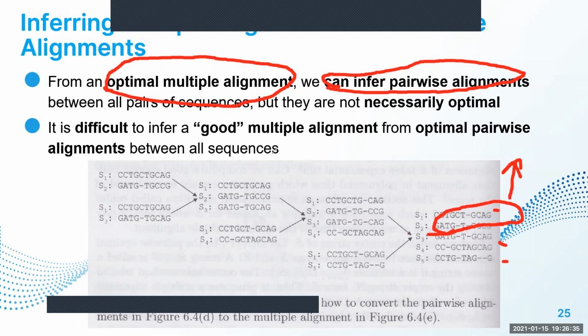On the other hand, we can't get a good multiple alignment from optimal pairwise alignments. Suppose you have 5 sequences. First you do all the pairwise alignments and get the best score for each pair. Then if you try to get the optimal solution for the multiple alignment from that, it won't work.